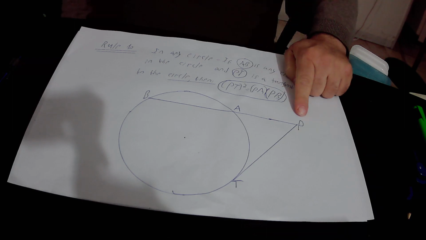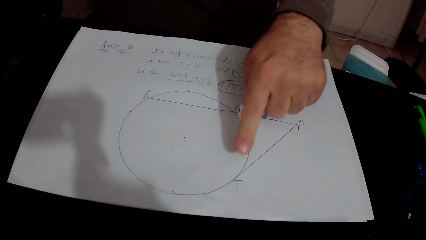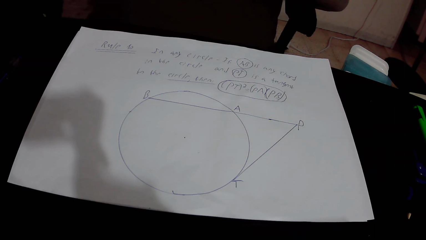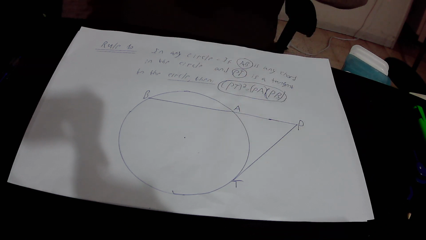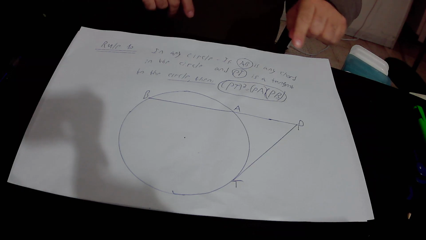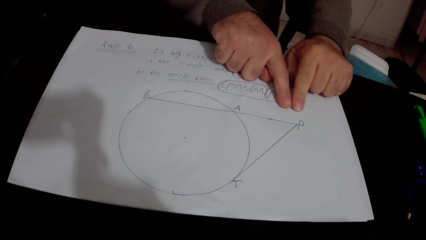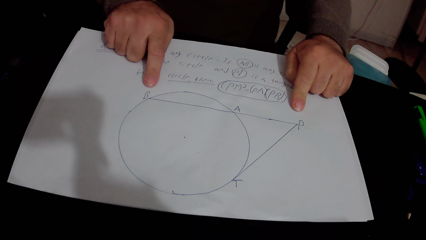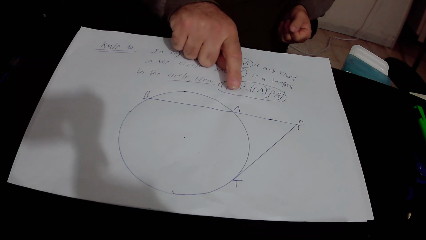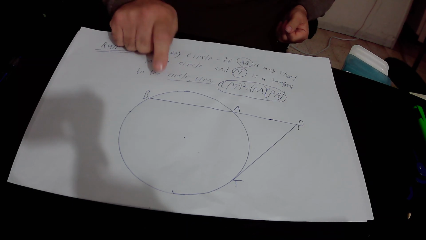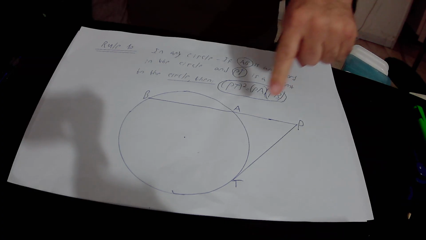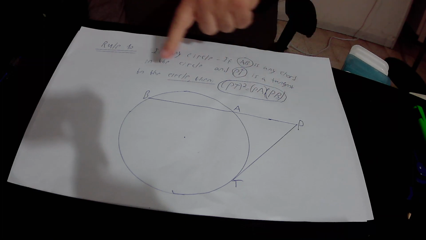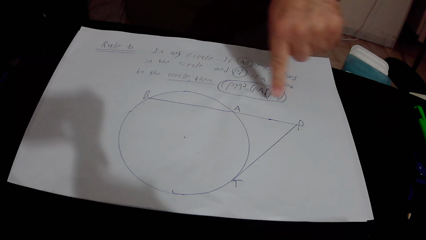If from the common external point P we draw tangent PT, tangent to the circle at point T, and also from point P we draw line segment PB that cuts the circle at points A and B, then the following equation is true: PT squared equals PA times PB. Again, PT squared equals PA times PB.